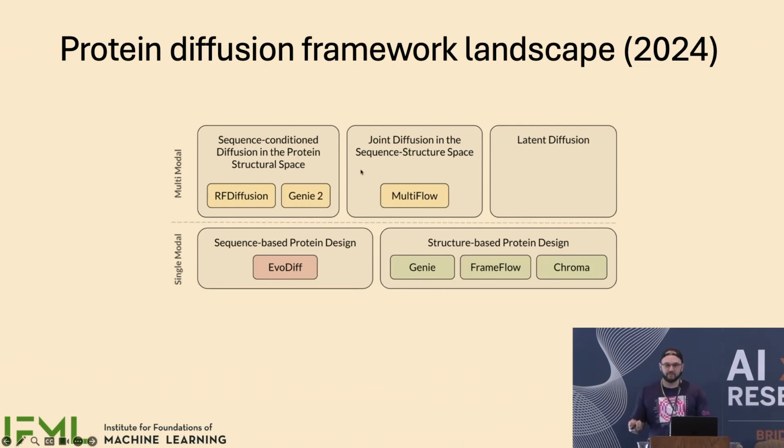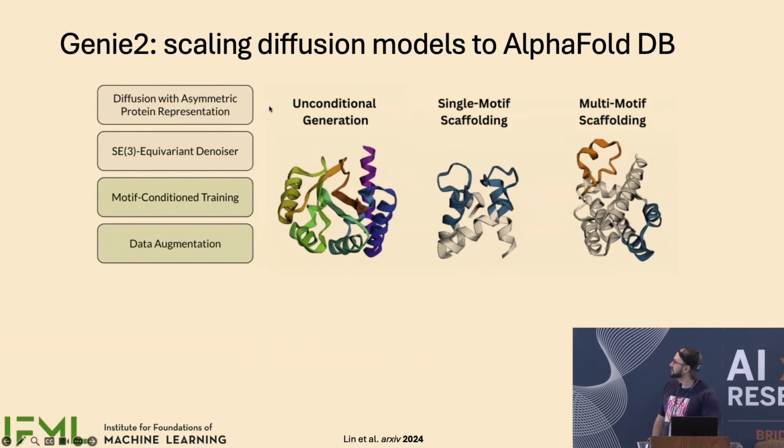The project that we've been working on, we actually started building off of Genie 2, so I'm going to briefly discuss what Genie 2 is. This was a diffusion model that just came out last year. Their big thing was they got really good at single motif scaffolding and showed out-of-distribution generalization to multi-motif scaffolding, where you have multiple motifs, two of them, or 3, or 4, and you want to generate one protein that has all of them.